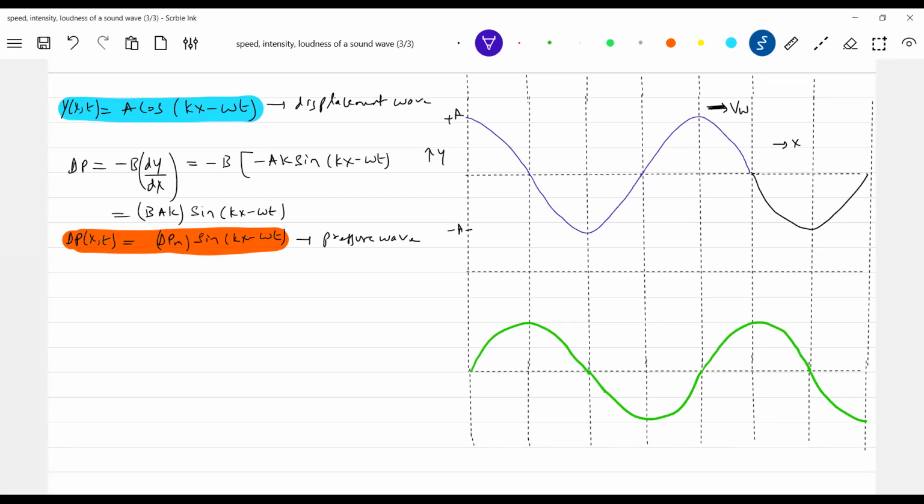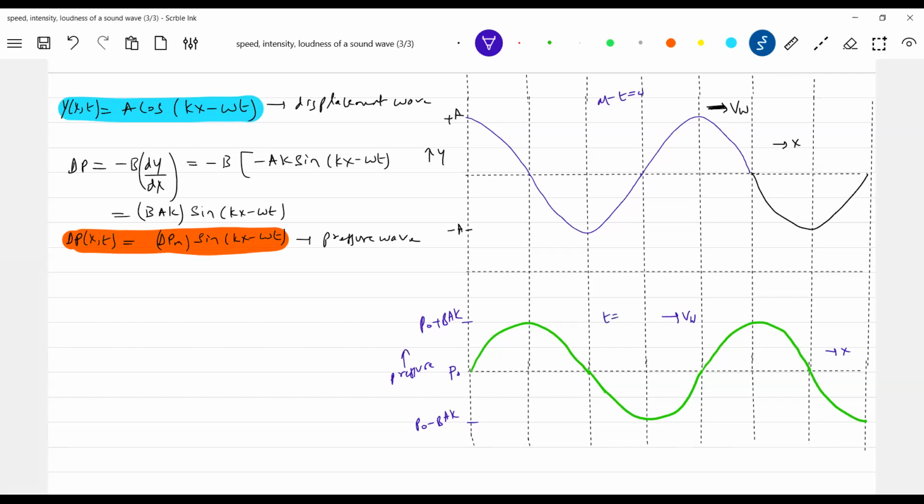I'm plotting pressure. So what is the pressure here? The mean atmospheric pressure is P naught. So how much pressure here? P naught plus BAK. How much pressure here? Let me write it. Atmospheric pressure. The pressure at a given point, and the wave is propagating. And this is X. At t equals 0, we have plotted.